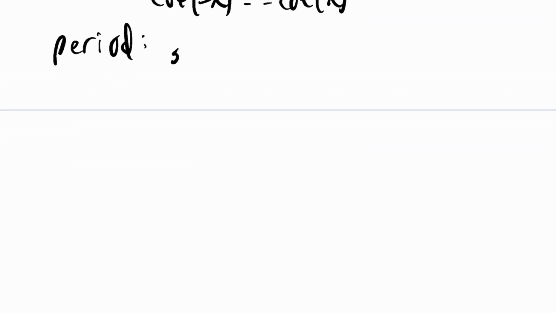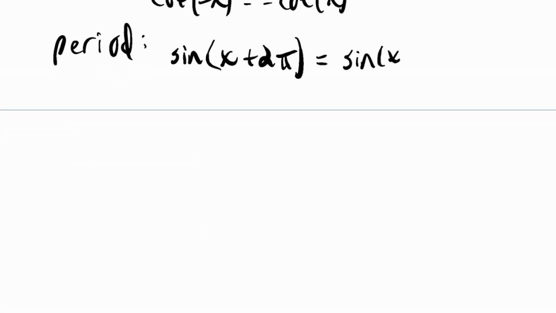Okay, so the period identities are basically utilizing the period of each function. So sine of x plus 2 pi, since 2 pi is the period, adding 2 pi inside doesn't affect the result. This is sine of x. And then the same for cosine, secant, cosecant. They have the same period as sine, so it's essentially the same thing.